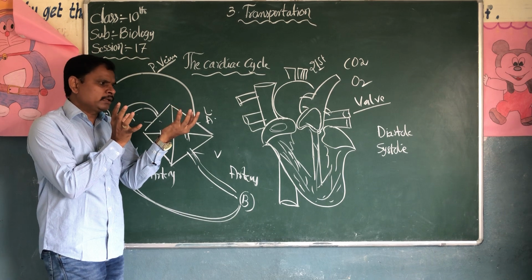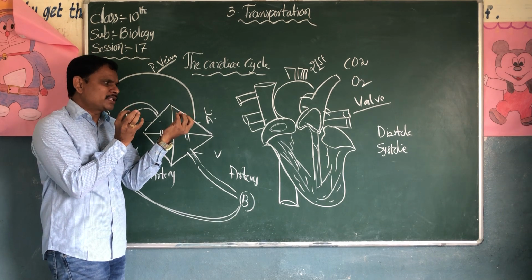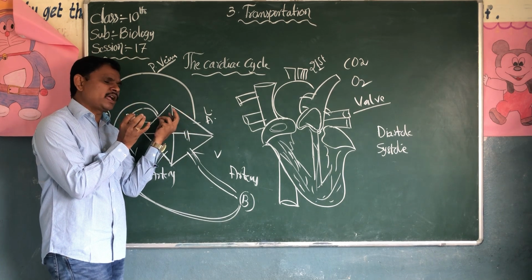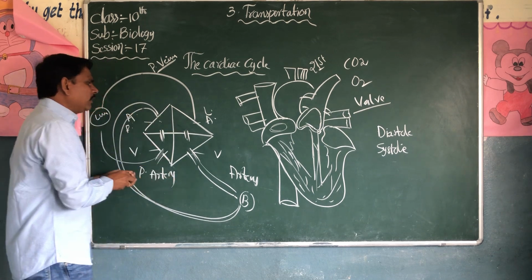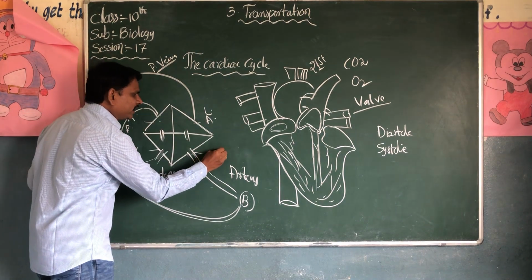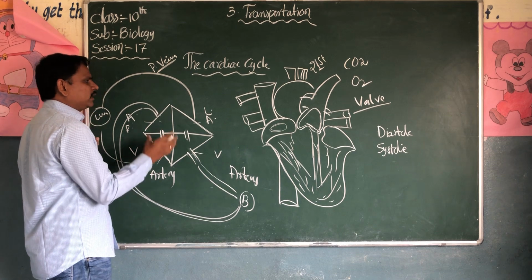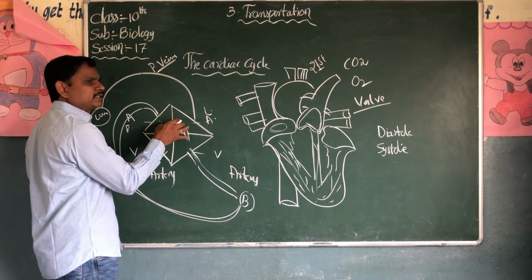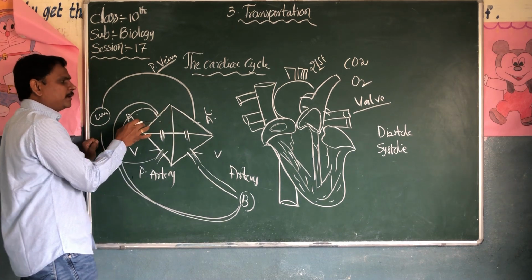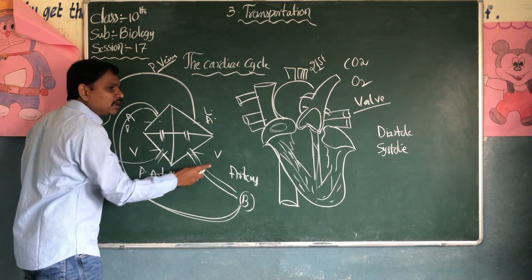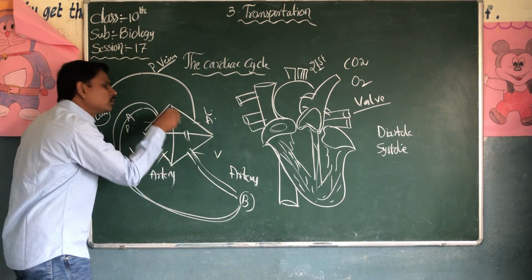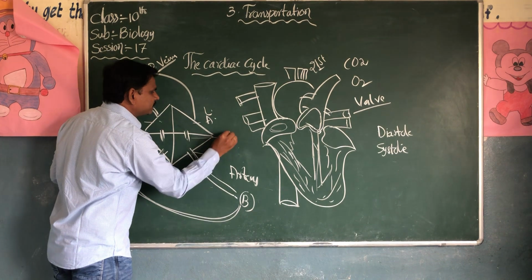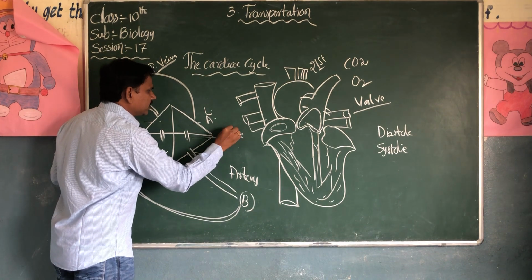What happens when contraction takes place in the left atria and the right atria? The blood flows into the ventricles through a valve.